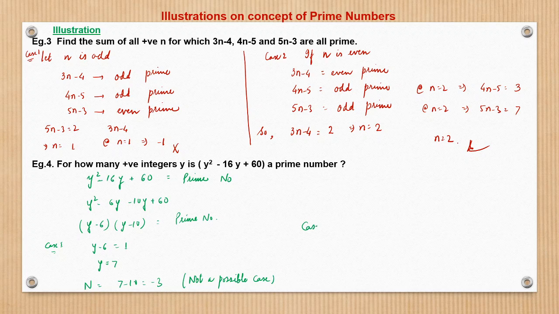Case 2, when y minus 10 is equal to 1. From here we can say that y is equal to 11. At y equal to 11, y minus 6 is 5, right? So 5 is a prime number. So this case satisfies. Therefore y equal to 11 is the possible solution. This is the answer to this question.